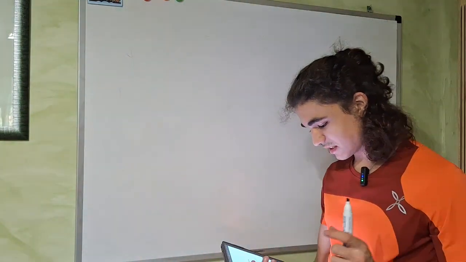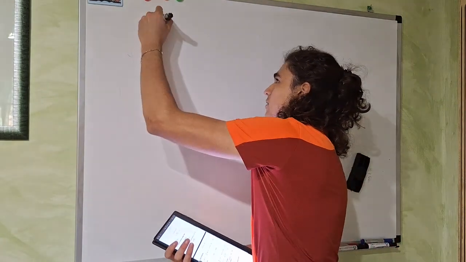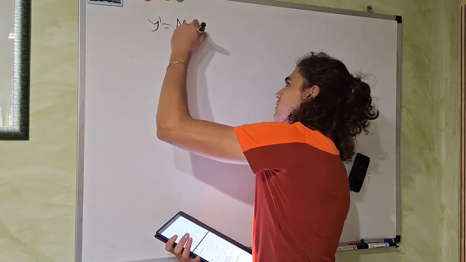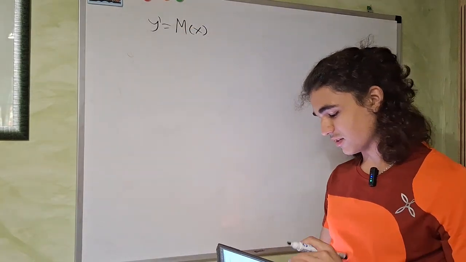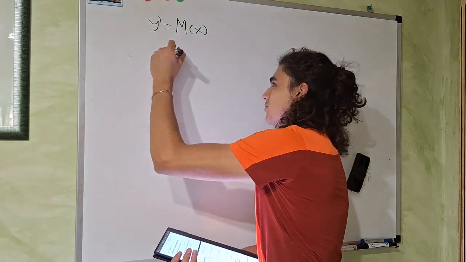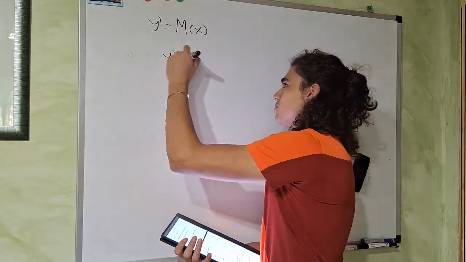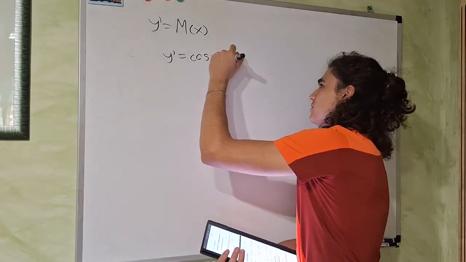Here's our first example, and we're going to solve a differential equation of this form. It can be solved, as you will see, by direct integration. So y prime equals 2 cosine of x plus 2x.